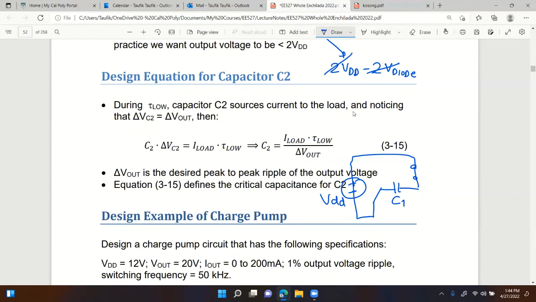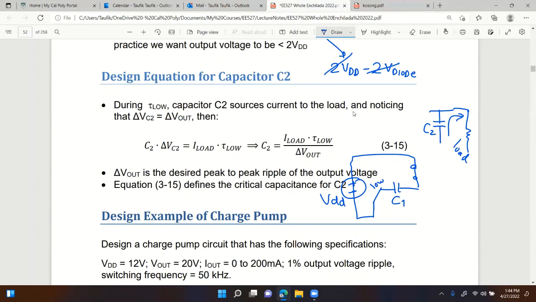At the other end, the circuit is supplying power to the load through C2, if there is a load. So during tau low, this is low. When C1 is being charged, C2 is discharging to the load.